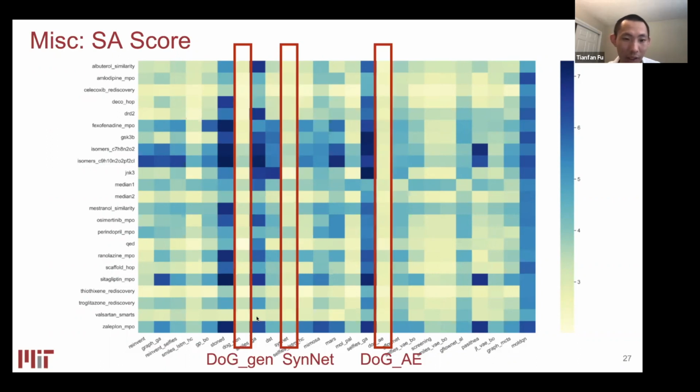For example, the synthesis-based methods DoG-Gen, DoG-AE, which use chemical reactions to grow the molecule, so that their molecules would be easy to synthesize.